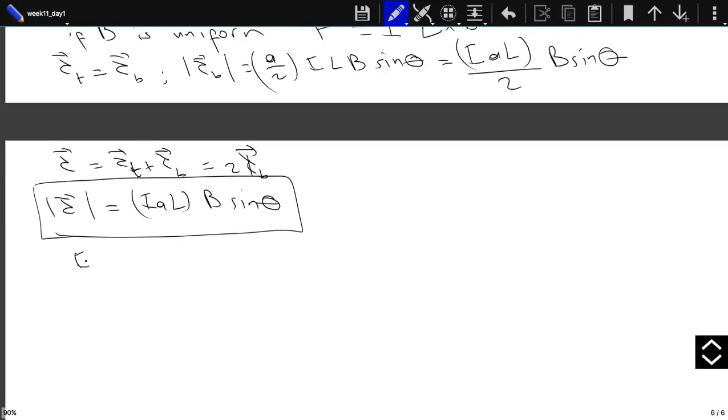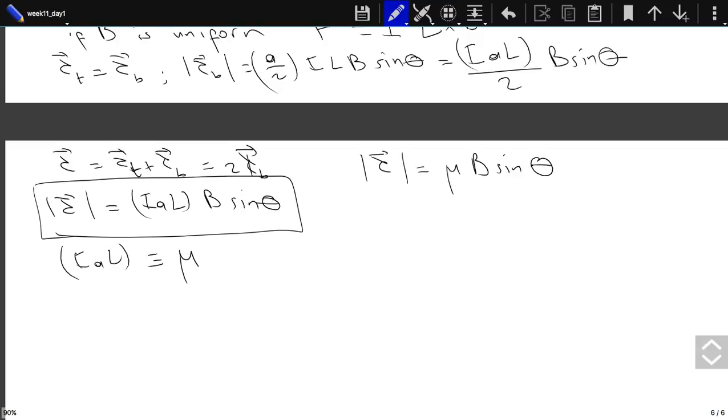Now this combination we define to be mu. It's just a name for the time being. Then the magnitude of the torque is mu times B times sine theta.